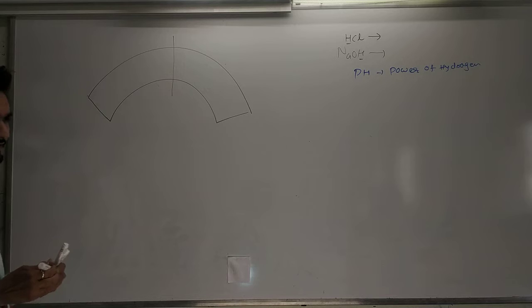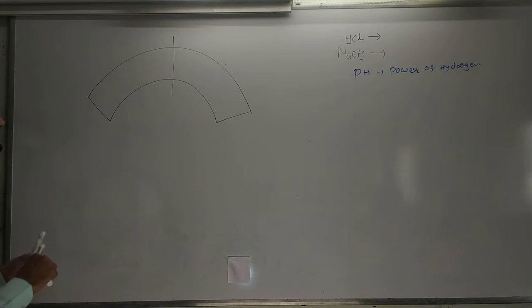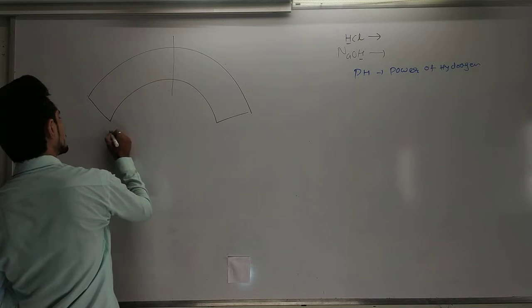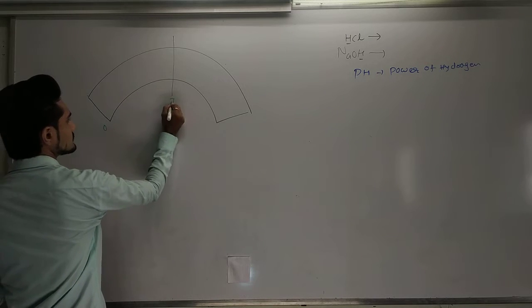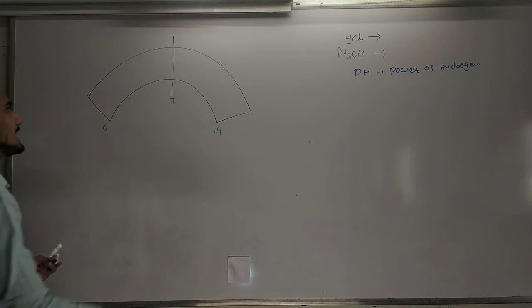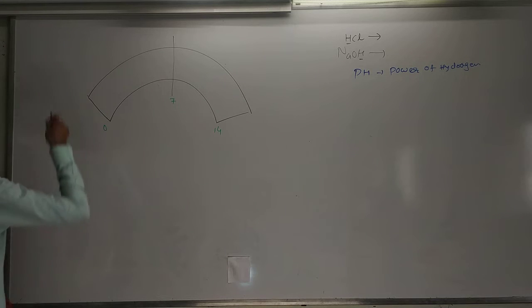These types of curvy linear diagrams are generally very suitable in your examination, so that's why I am drawing it here. Okay, so here are the values 0, 7 and 14. And now the pH scale. Okay, I am missing the words pH scale here.